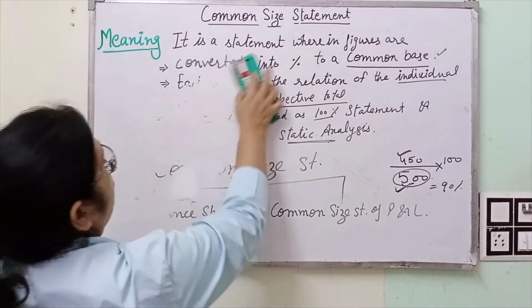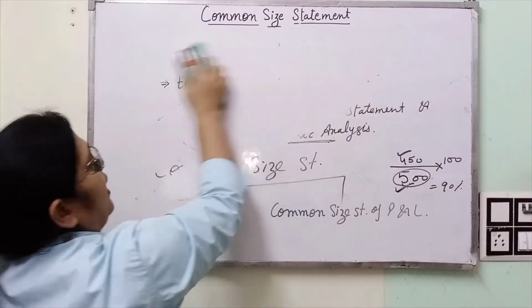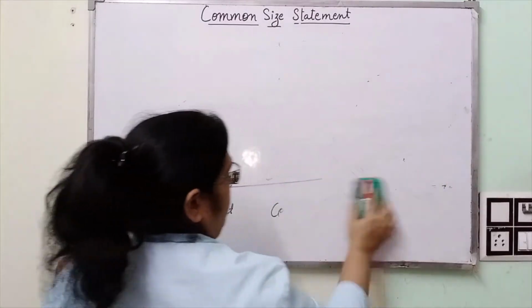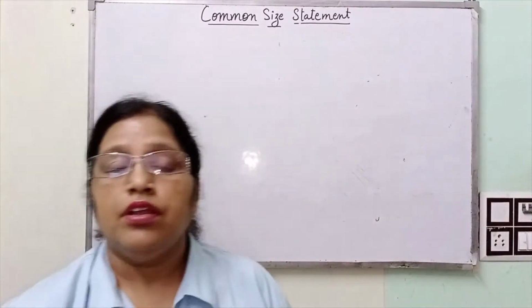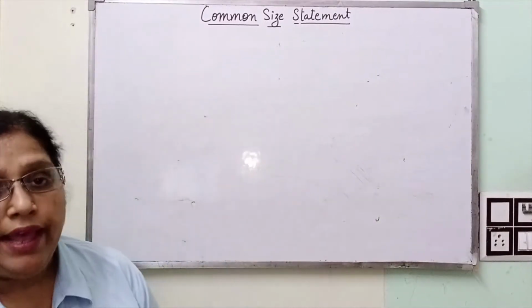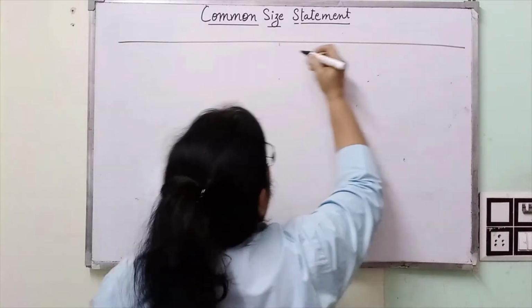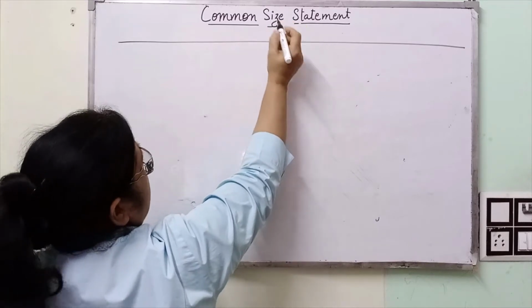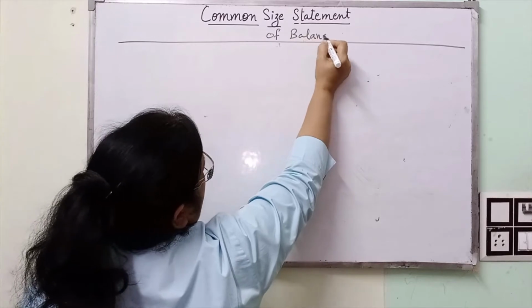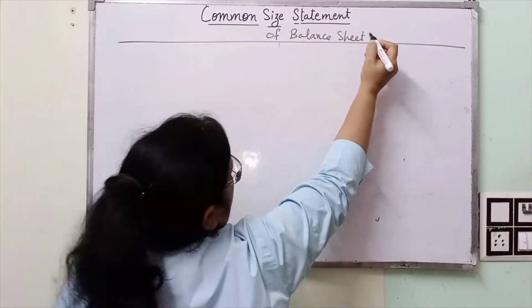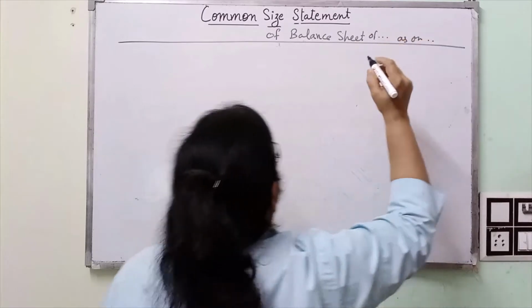First of all, I want to tell you about the format of balance sheet. In case of balance sheet, the format is like this: common size statement of balance sheet as on this date.